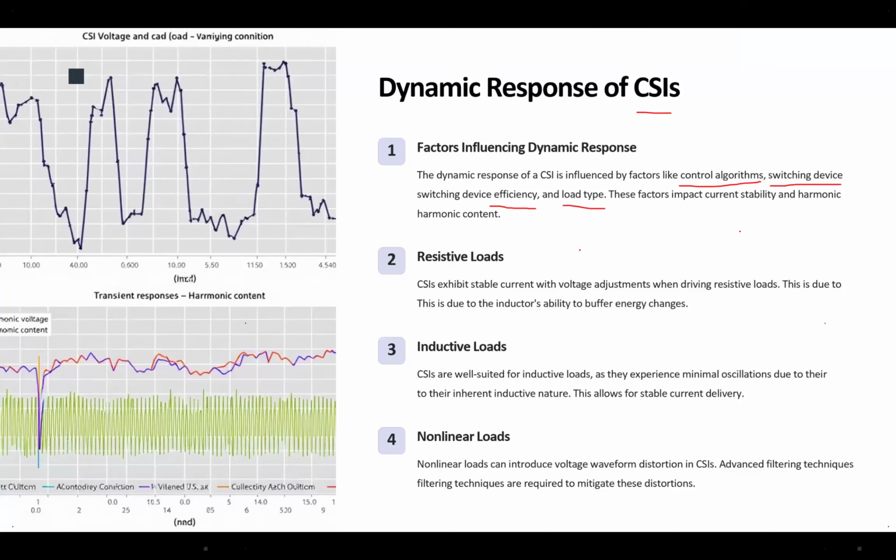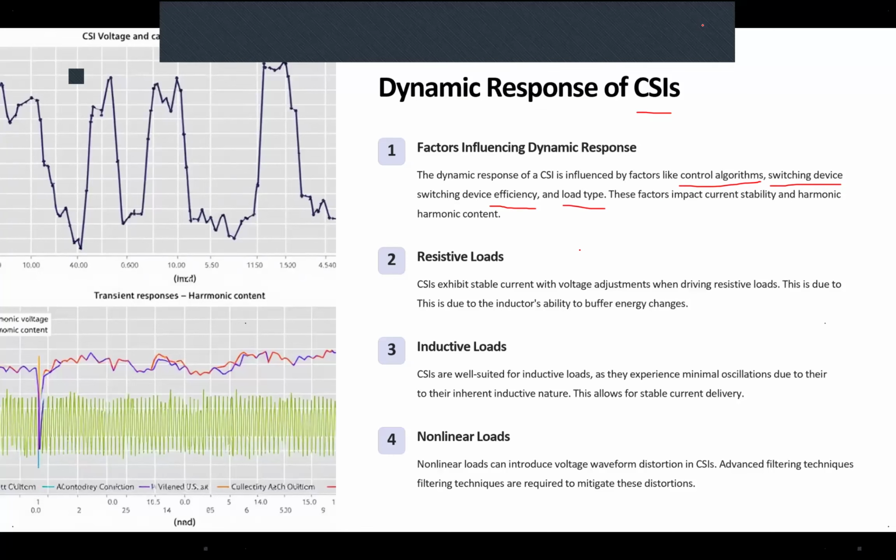Okay? Now, when you have a resistive load for a CSI, again, like the VSI, it would exhibit a very good adjustment. It has a stable current. You change the load, it would answer to that, with no problem responding to the dynamic of a resistive load.